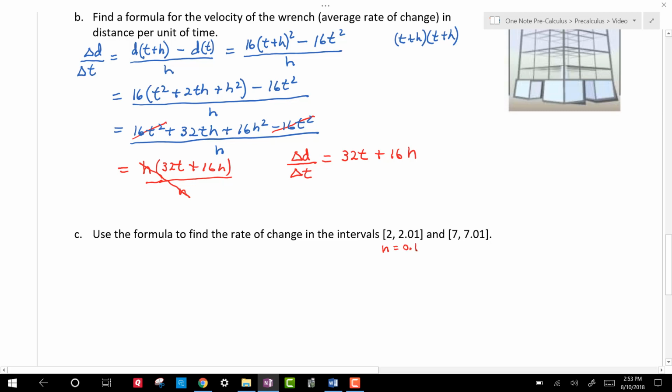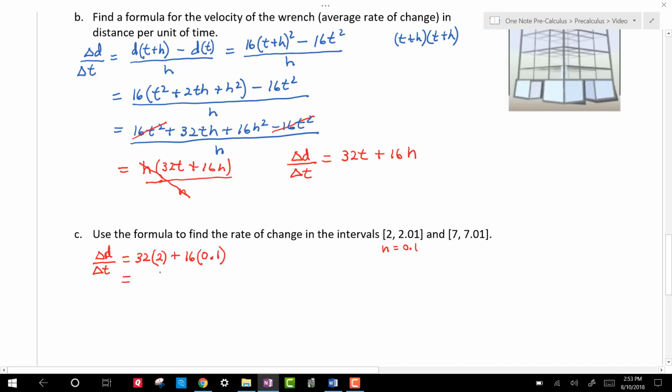0.1. Okay, so when I go to compute the change in lowercase d over the change in t, in that first interval, it's going to be 32 times x1, which is 2, plus 16 times 0.01, or excuse me, 0.1.